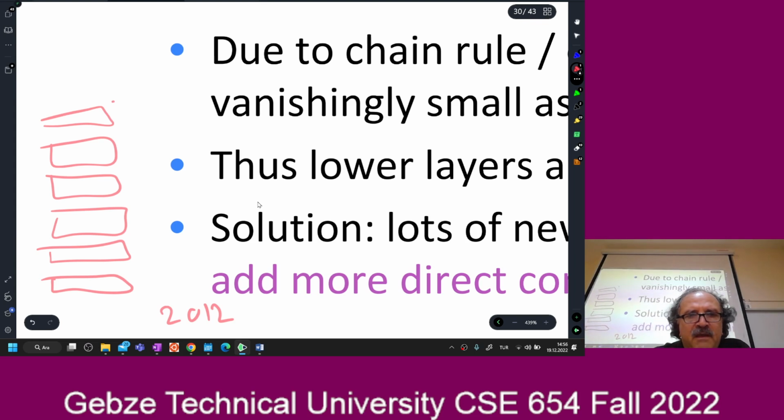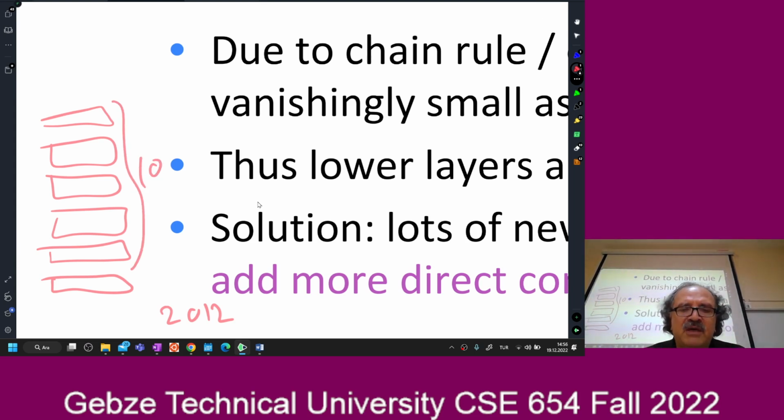In 2012, if you did 10 layers, you were deep, okay? This is the best deep learning network you can have, okay? The gradient descent algorithms that we used during those days were good enough to address 10 layers only. But people realized that more layers means better generalization, better networks, better numbers altogether.